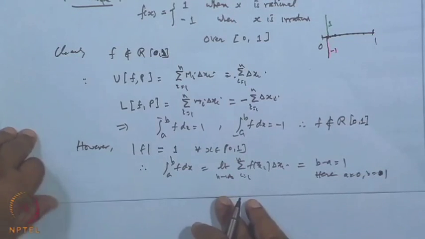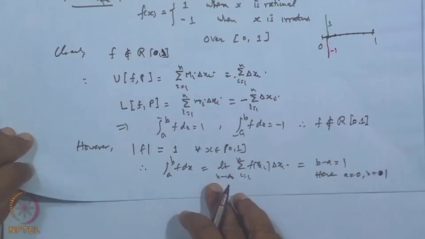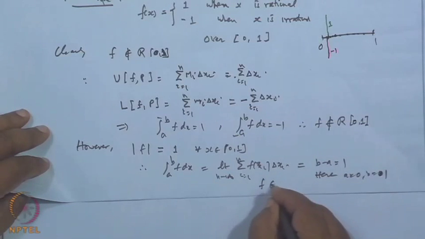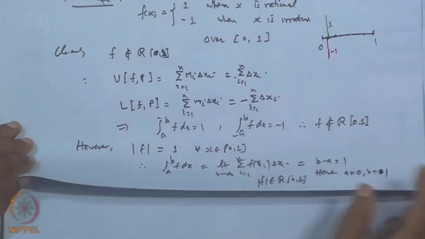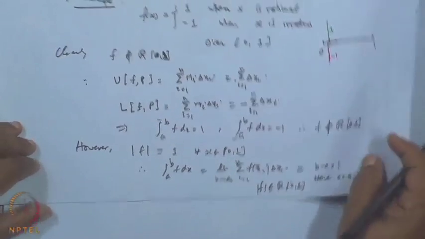So mod f is a Riemann integrable function. Therefore mod f belongs to R, but f is not in R. So the converse is not true.